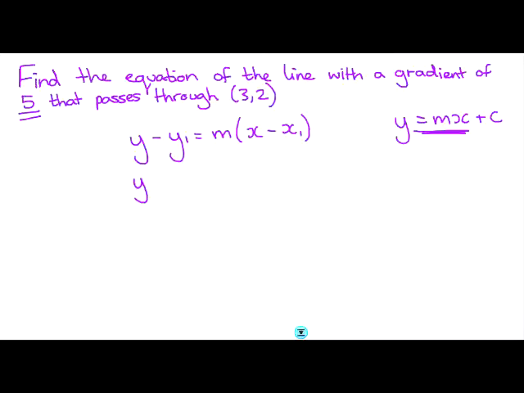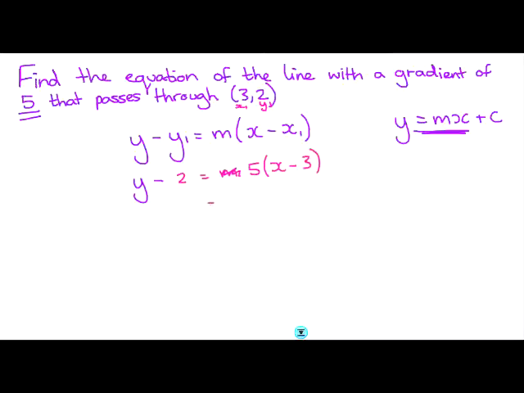So, y minus y1. So this is x1 and y1 because we only got one coordinate given to us. So that's going to be y minus 2 is equal to m, we know the gradient, that's 5, brackets x minus x1, which is 3.